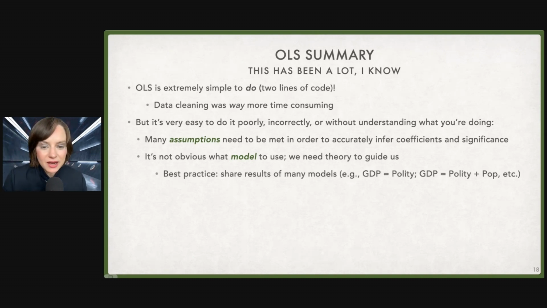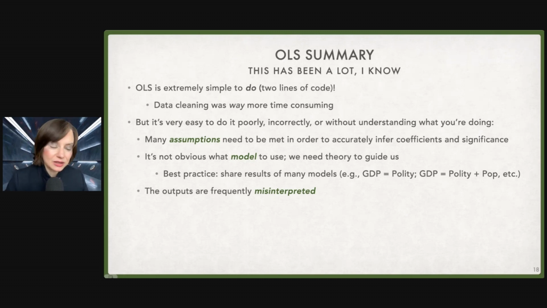We need theory to guide us. The best practice is to share the results of many models. So for example, if I were to publish my garbage results that we've gone through in this video, I would say, hey, here are the results when I set 1 independent variable. Here are the results with 2 independent variables, all in one big chart. The outputs are so frequently misinterpreted. Now that you've gone through this video, prepare to be irritated a lot when you hear people talk pretty fast and loose about statistical significance, confidence intervals, coefficients, all the rest.